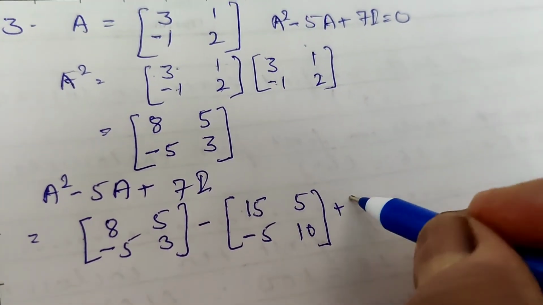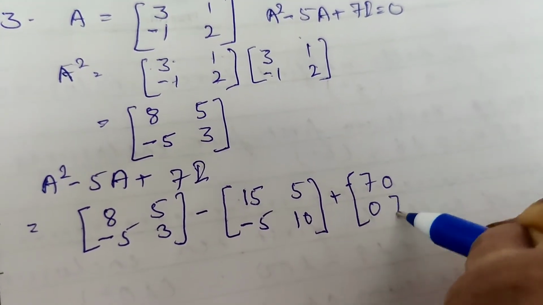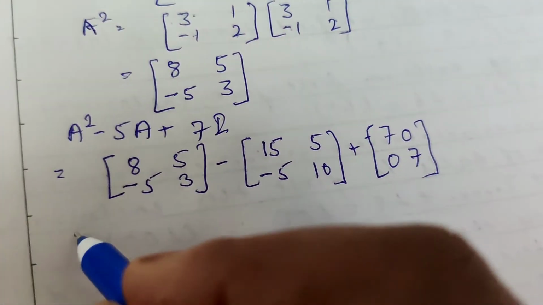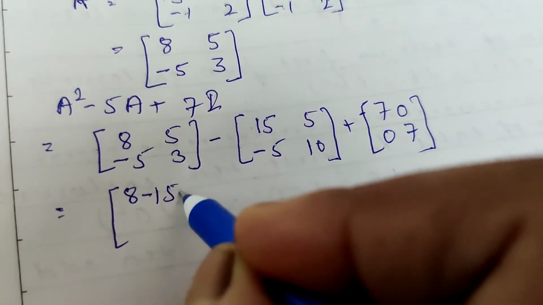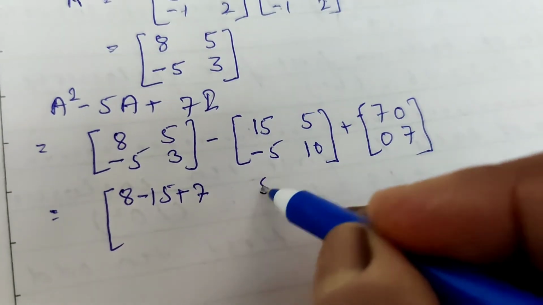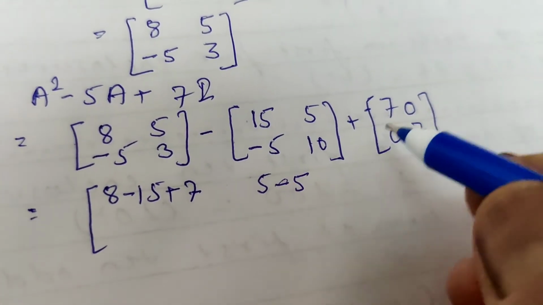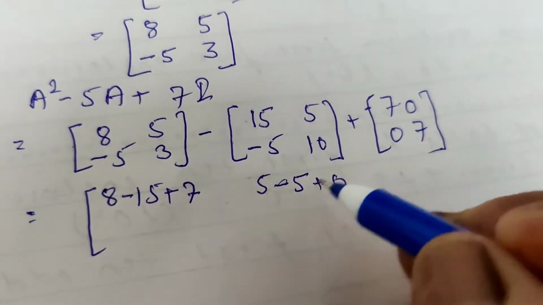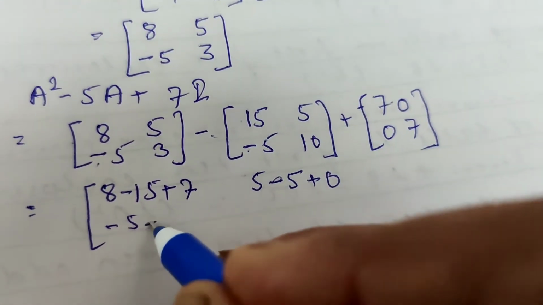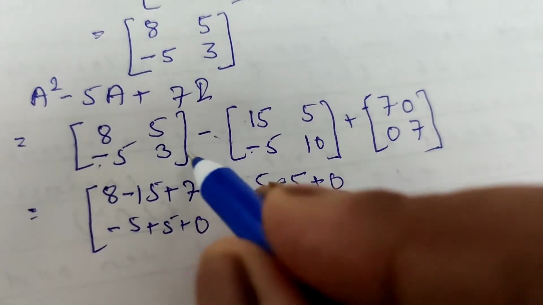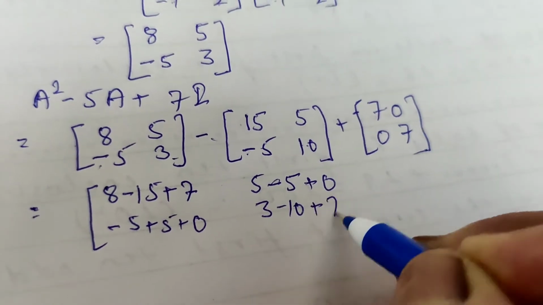And 7I, I means 7, 0, 0, 7. Now compile the groups. 8 minus 15 plus 7, first element. Second, minus 5 plus 5 plus 0. Then 5 minus 5 plus 0, and 3 minus 10 plus 7.